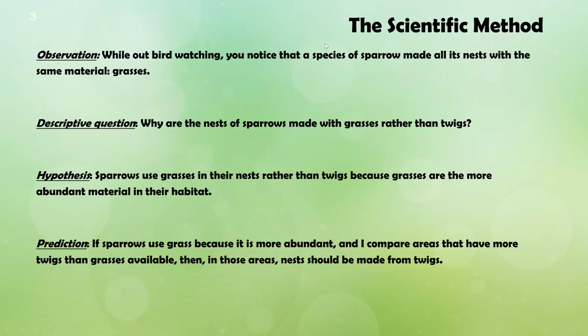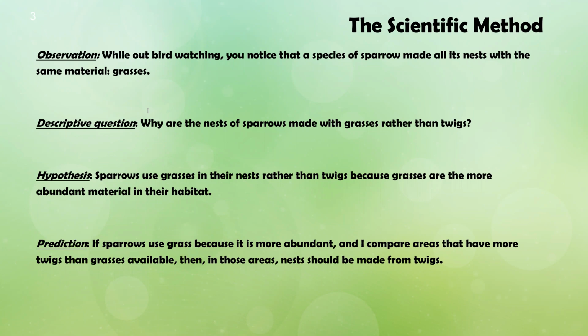So now let's apply these steps of the scientific process. Let's say I am out bird watching and I notice a certain species of sparrow made all its nest with grass.